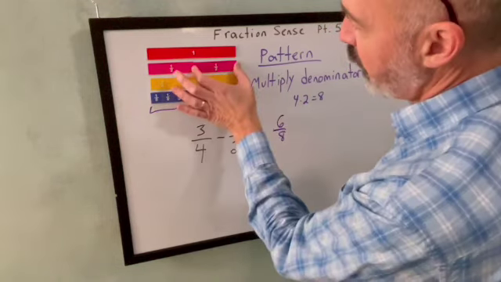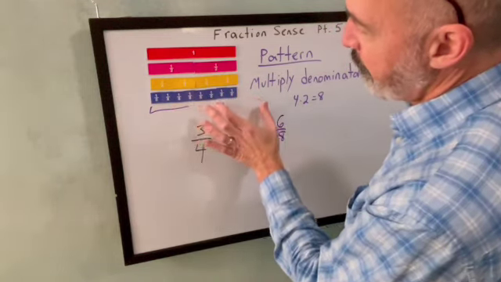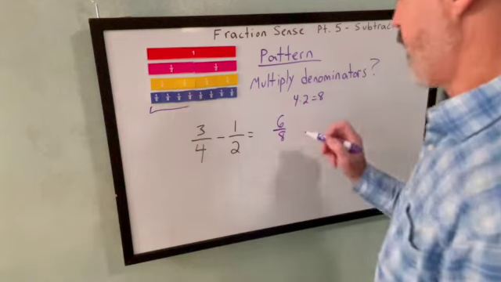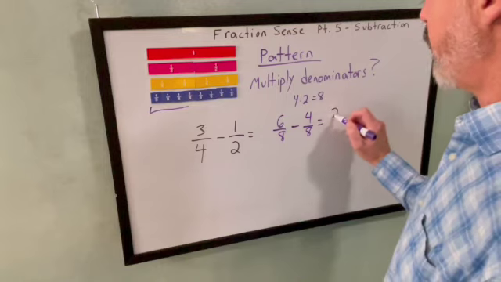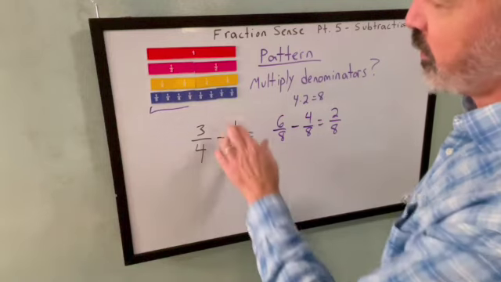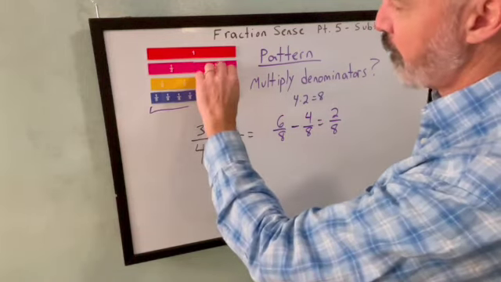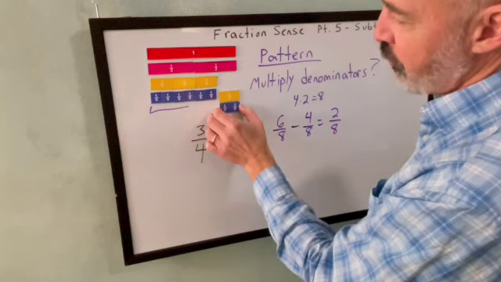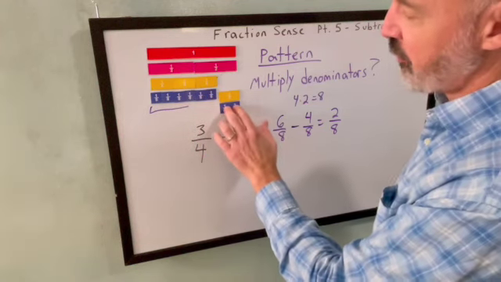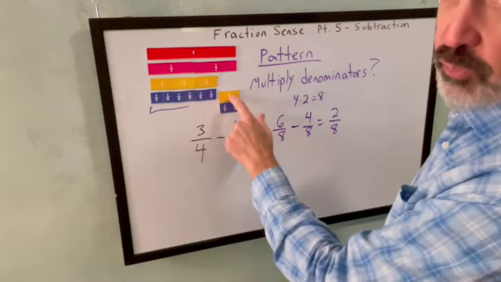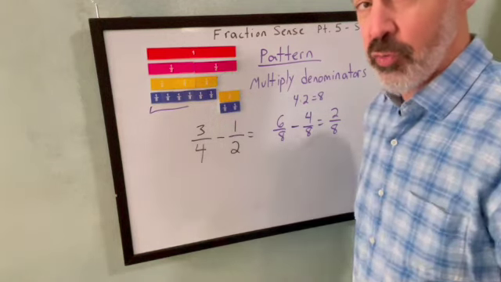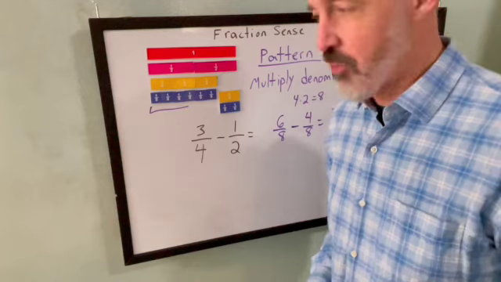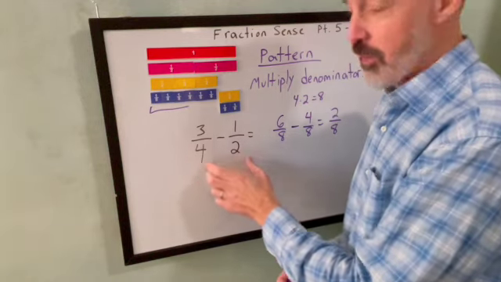And then 1/2 is equal to 4/8. So 6/8 minus 4/8 gives 2/8, which is the correct answer. However, most of the time you would be asked to simplify the fraction, and so 2/8 is equal to 1/4.